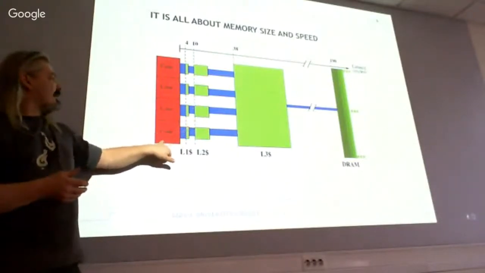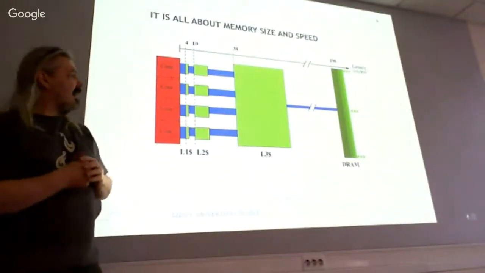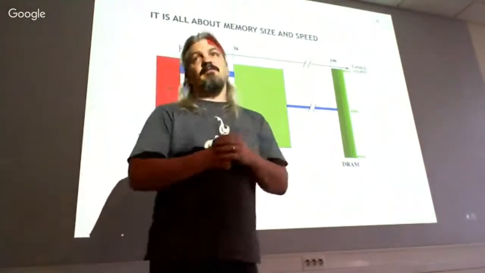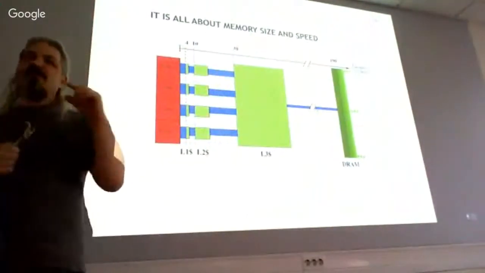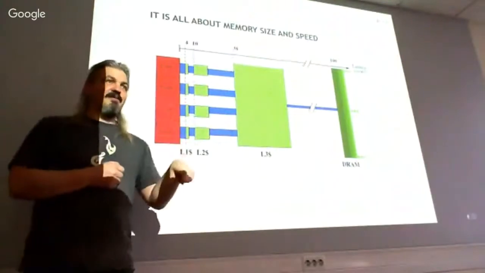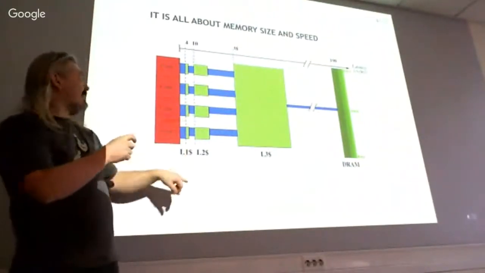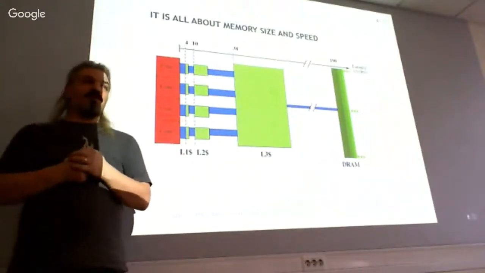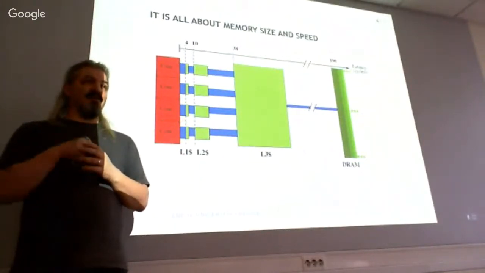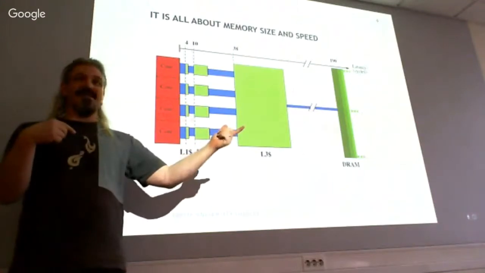So core to L1 cache, 4 cycles, right? If you're in memory on the CPU and you want to use the memory in the L1 cache, then you're still taking 4 CPU cycles to get there and back. So your CPU does 4 things while it waits to get a piece of memory.